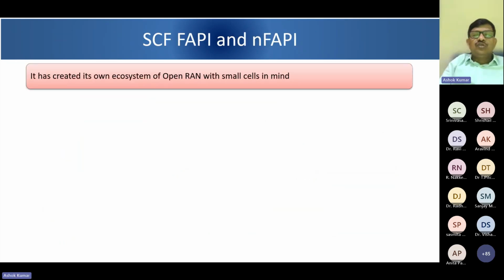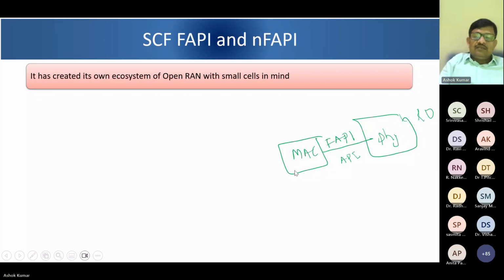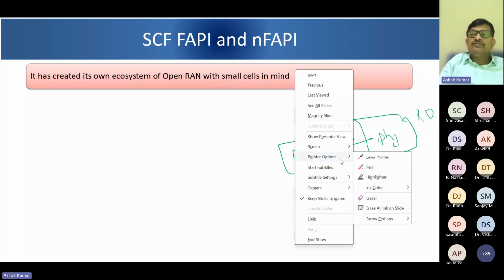So what they have done is, you have the MAC layer and the physical layer, and the physical layer is at the RU. They have created an interface API between the MAC layer and the physical layer, and they call it FAPI. That's the work they have done, and that's why you can split. It's an open standard they have created.